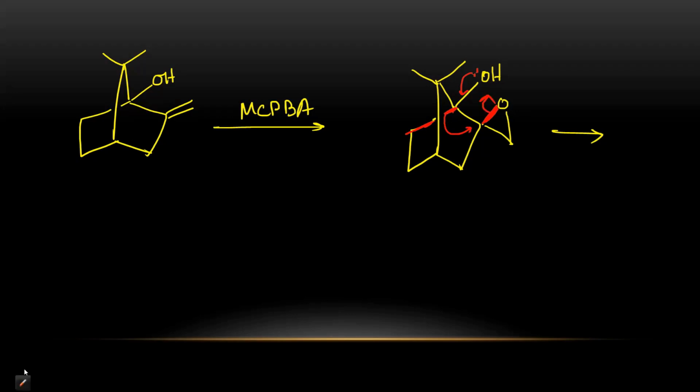So in a rigid system it is always anti-periplanarity, not the migratory aptitude. So what will happen? Finally, we will be getting up to this point, it's okay.